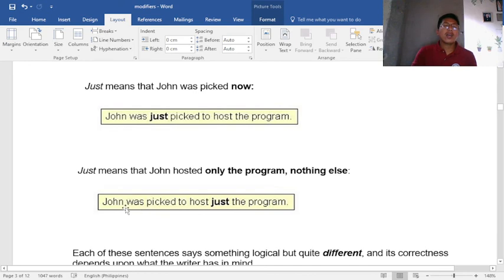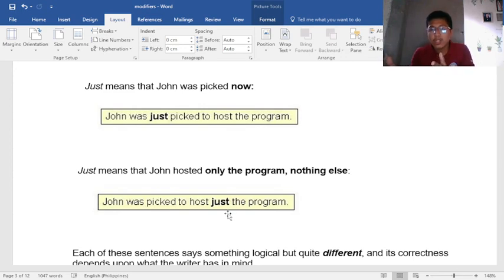John's still the subject, and was picked is the verb, and just here is still the adverb that modifies the program. John was picked to host just the program, meaning John was chosen to host the program alone and nothing else. Only the program is being focused on by John.